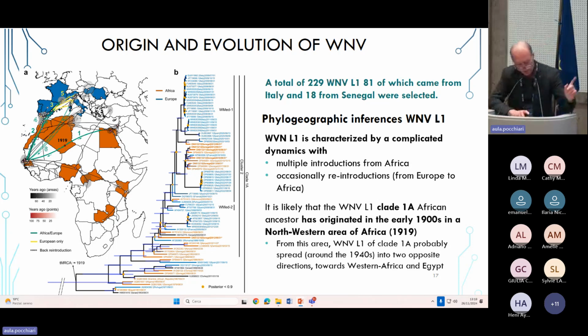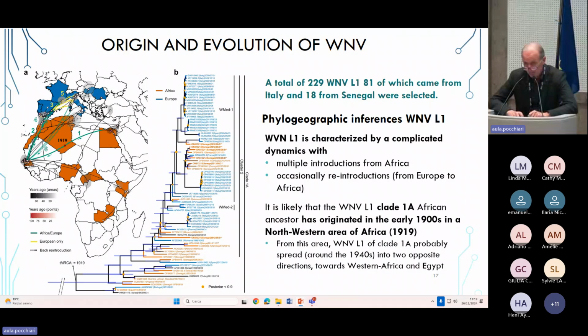You can see on the map. And around 1940, from this spot, we have the spread of the virus in opposite directions, one to Egypt and one to Senegal.